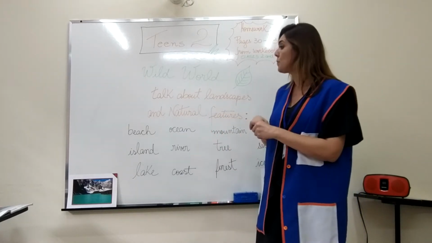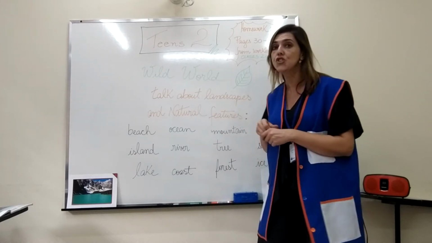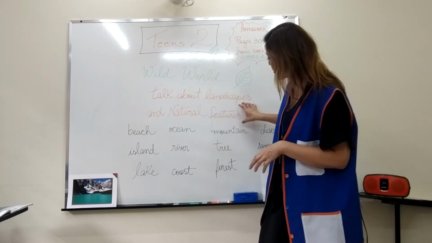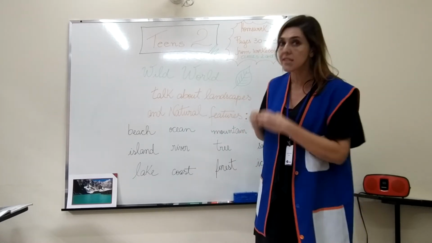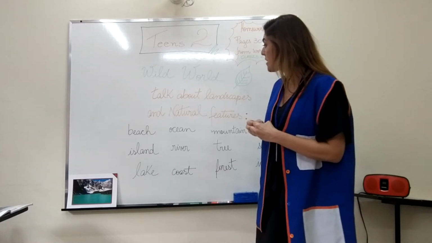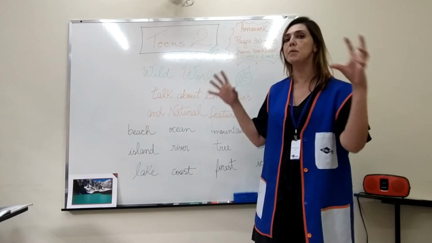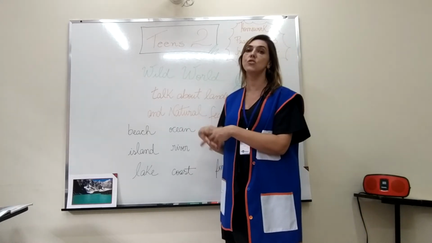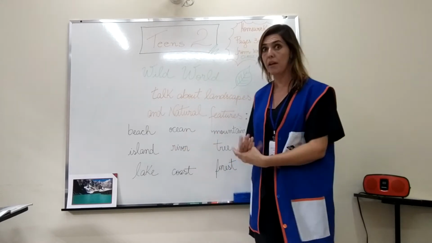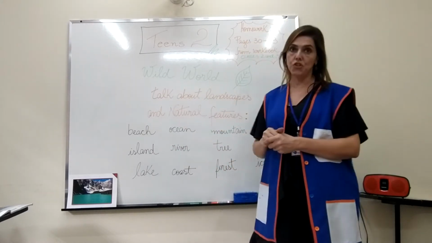But for now, the emphasis is on natural features. Features is the same as characteristics. So when you describe a place, in this unit you will learn how to describe a place, how to describe natural features.